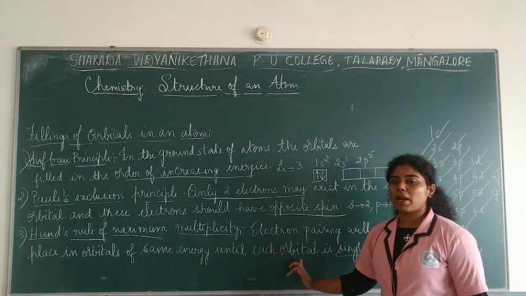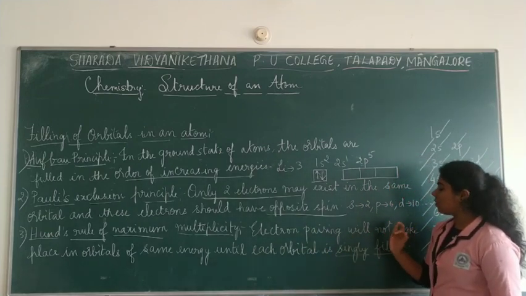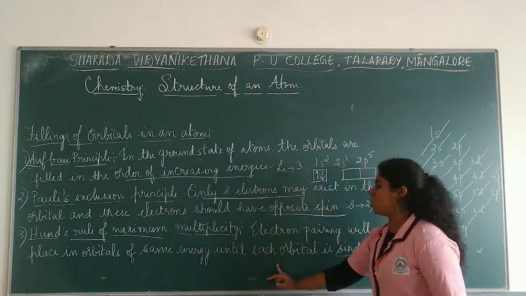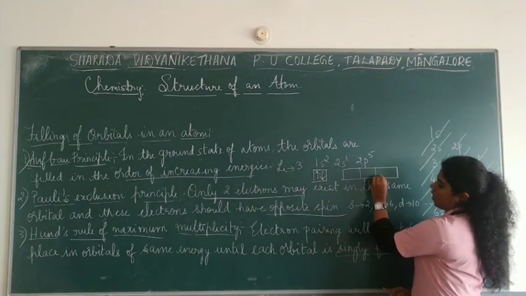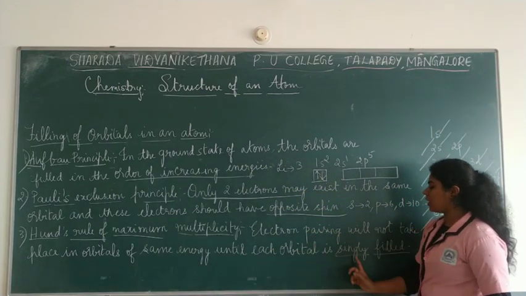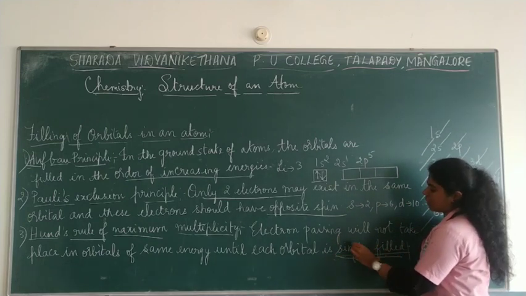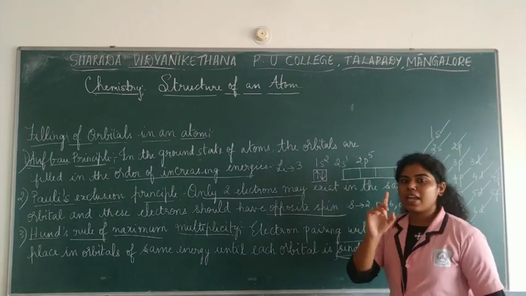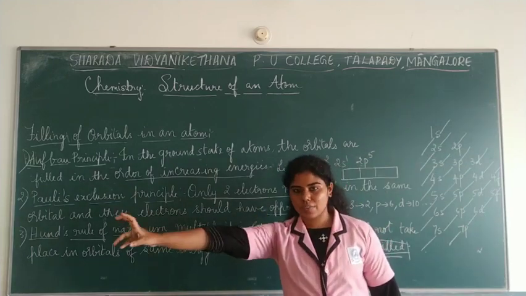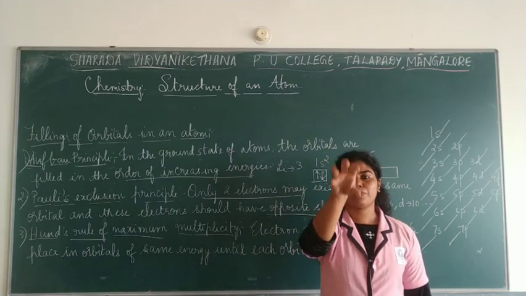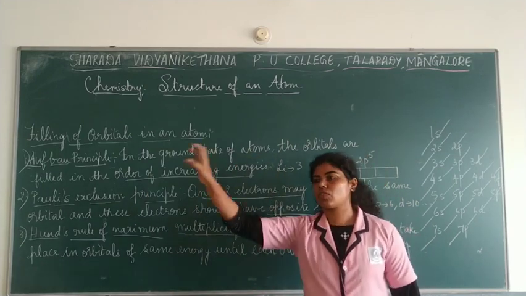Hund's rule of maximum multiplicity says that electron pairing will not take place in orbitals of the same energy until each orbital is singly filled. This is important here. Each orbital should have one electron first, and then you start pairing. It is not that you first fill 2 electrons, then 2, then 2.